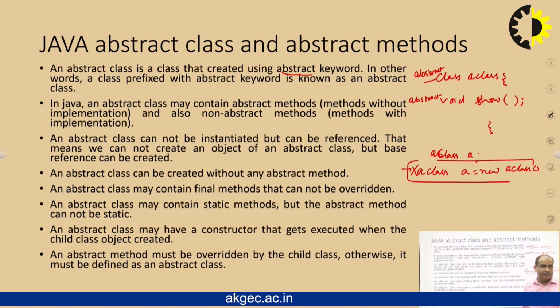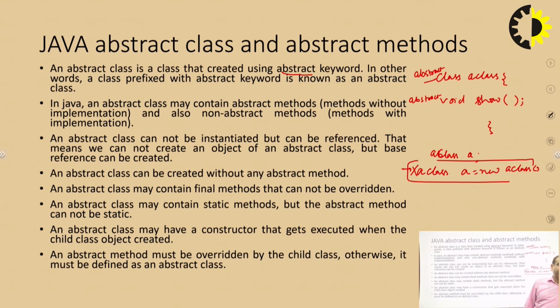Meaning of this line: an abstract class can be created without an abstract method. If my class does not have any abstract method, in that case my class can still be abstract.